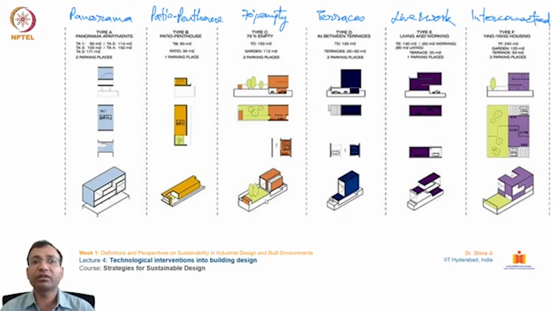Viewing is one of the traits of human comfort. How this can take advantage of the panorama strategy is quite evident from this sketch. The second one talks about patio and penthouse creations. Such building typologies adopt quite wide open spaces.